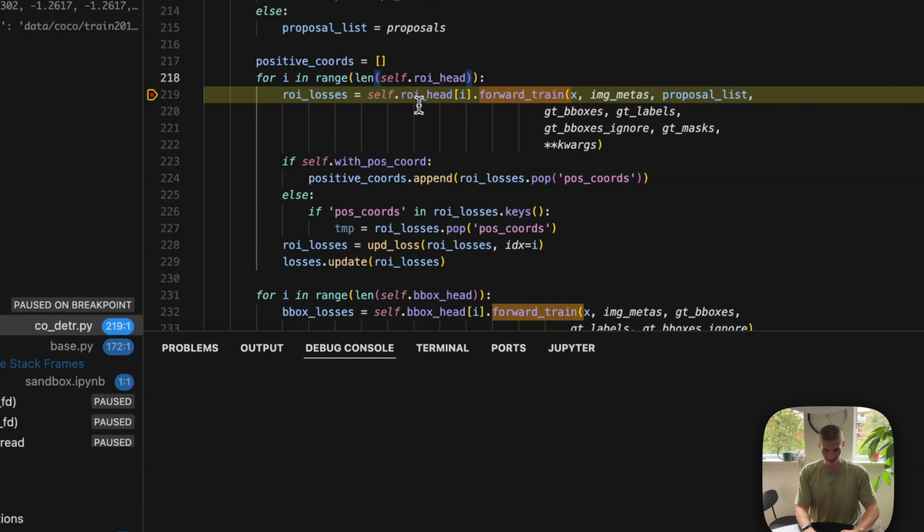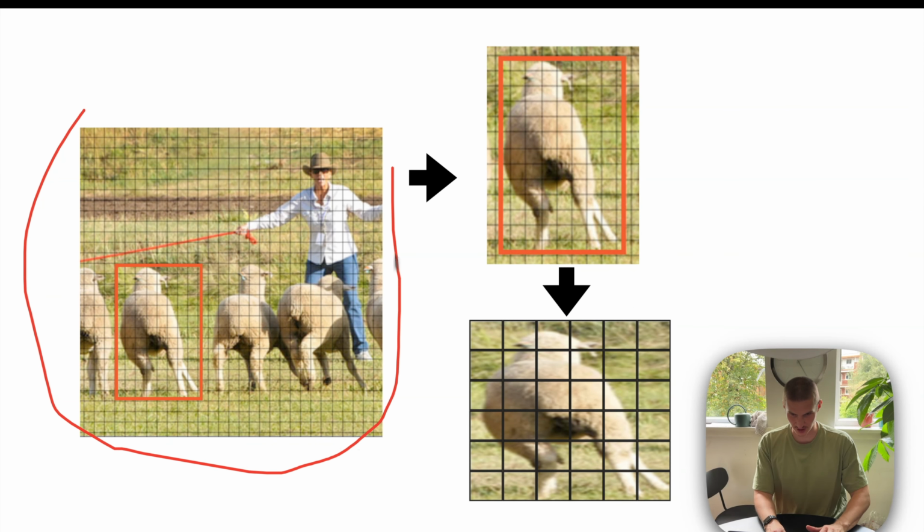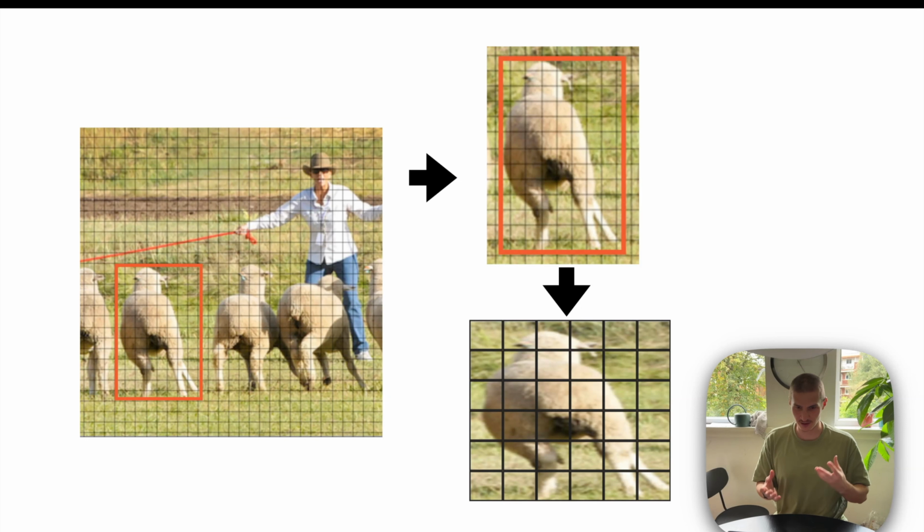So next we have the actual ROI head. So this is the second part of the regional proposal network. First, let me quickly explain what is going on here. We've started with an image, and every cell in the grid here basically depicts a pixel in the processed feature map in the current level, right? And we have some proposals. One proposal might be detecting a sheep, for example, right?